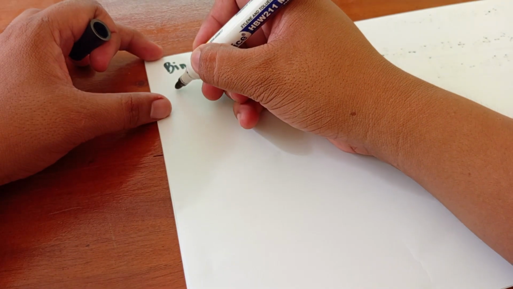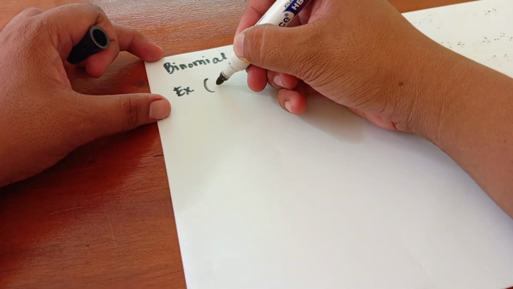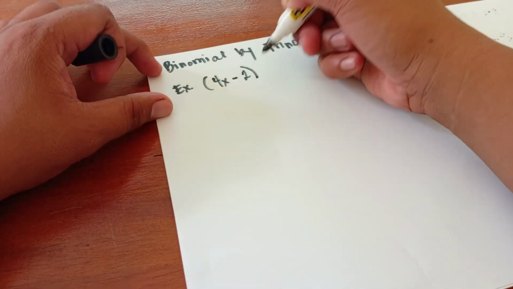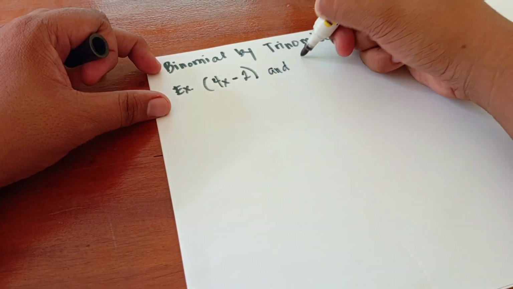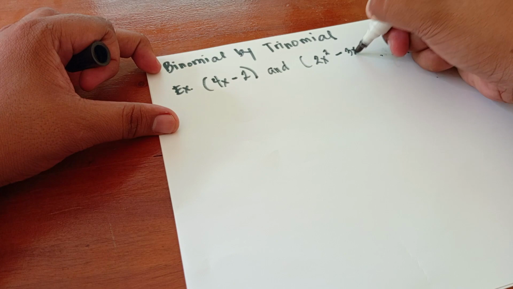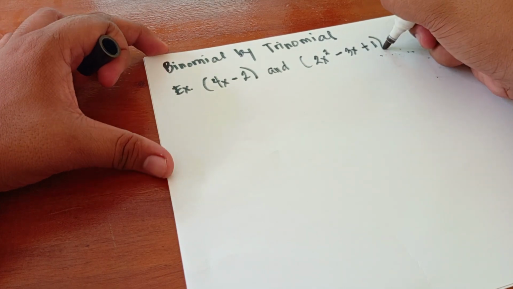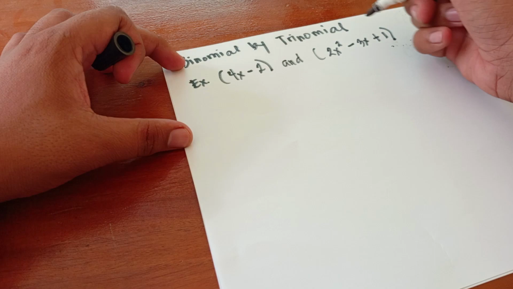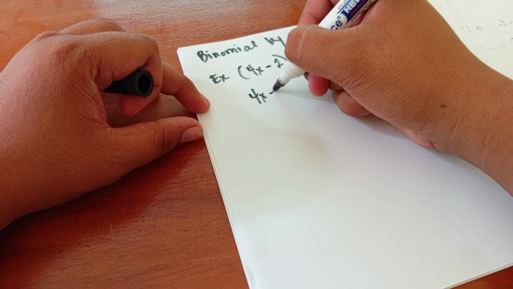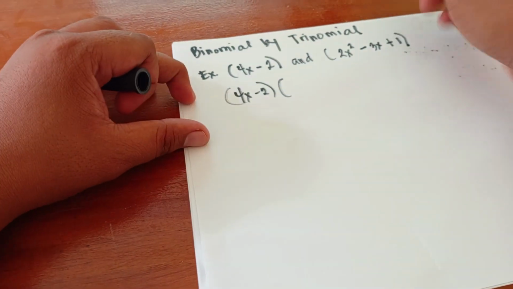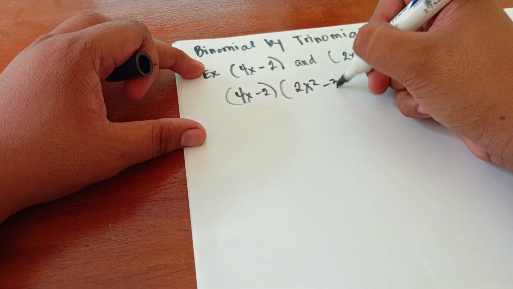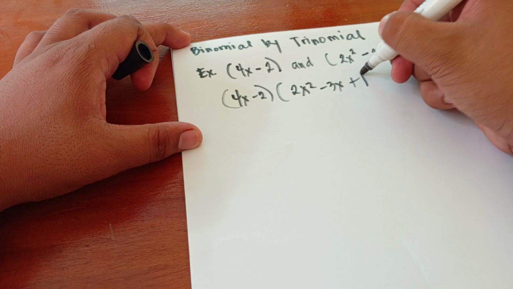So for example, a binomial is 4x minus 2, and a trinomial is 2x squared minus 3x plus 1. So we get the product of 4x minus 2 times 2x squared minus 3x plus 1.